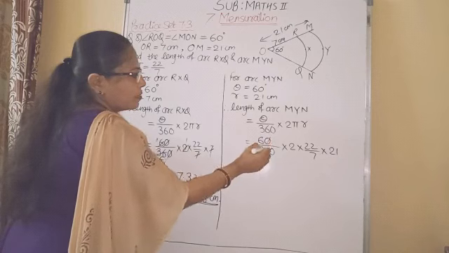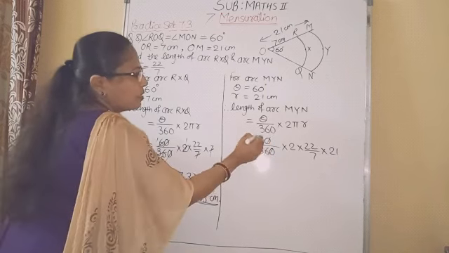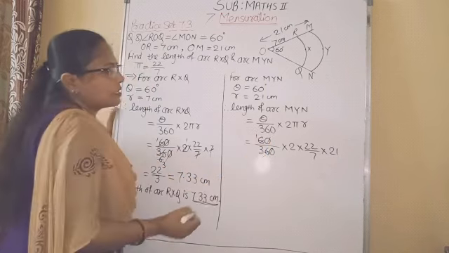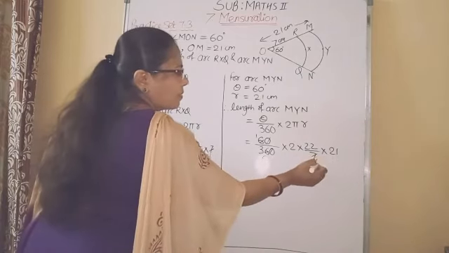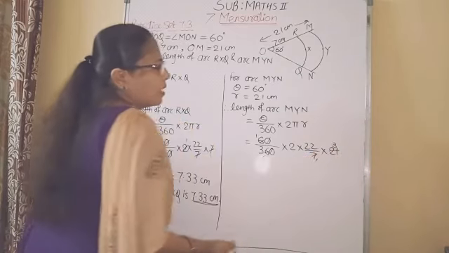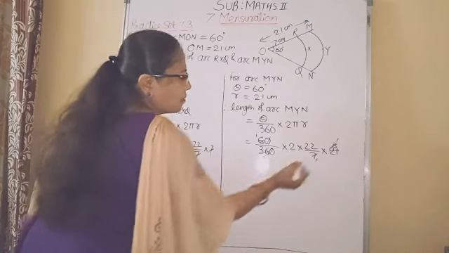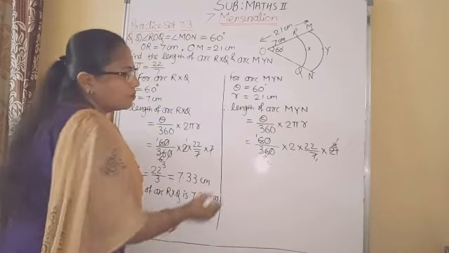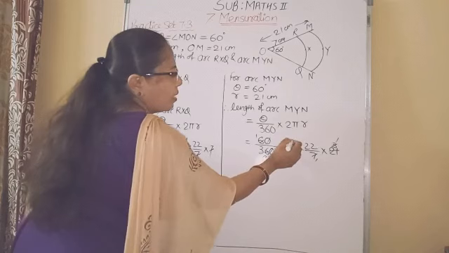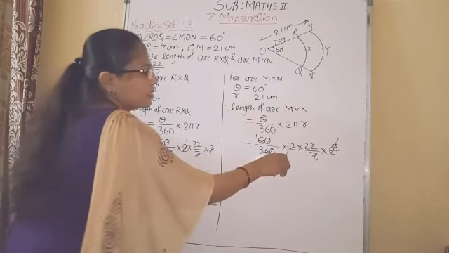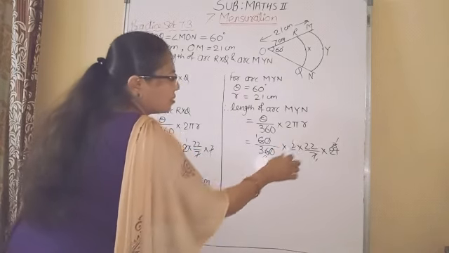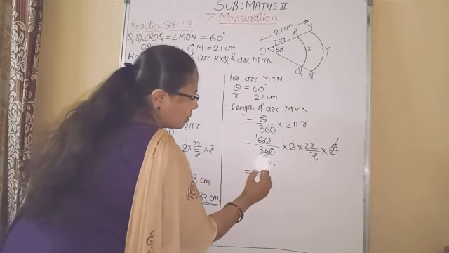Now simplify. 0 0 cancel. 6 1s are 6, 6 6s are 7 1s are 7, 3 1s are 3, 2 1s are 2. So here the answer is 22 centimeter.